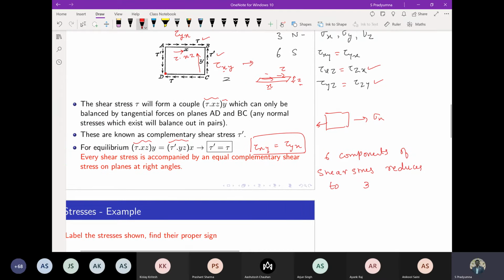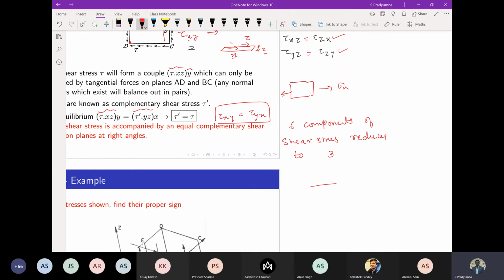Sir, how did we get that Z term included in this equation? Which one? Sir, tau xz into y. Oh, yz is coming because it is actually acting on the surface, right? Let's say this is the cube I am considering. This is x, this is y, and this is z.